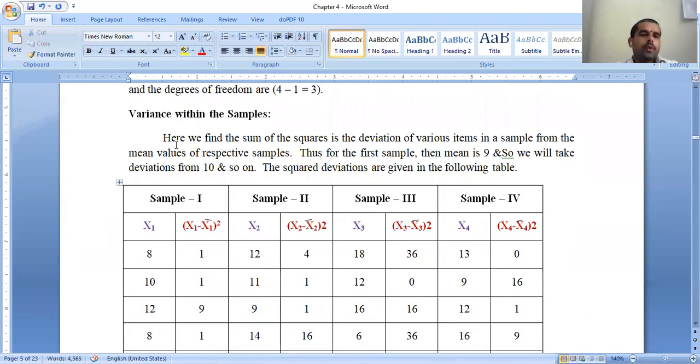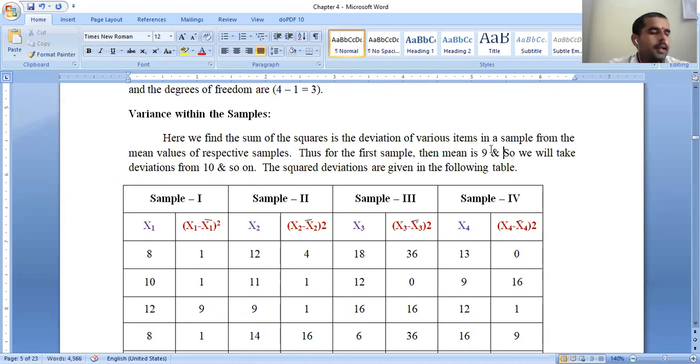You observe carefully. Here we find the sum of squares as the deviation of various items in a sample from the mean values of the respective samples. Thus for the first sample, the mean is 9, and so we take the deviation from it and so on.